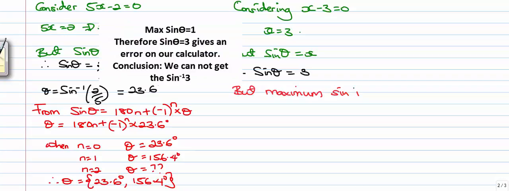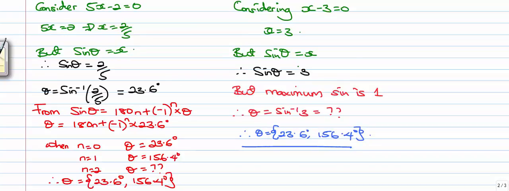Therefore, we cannot find the arc sine of a number greater than 1, and we conclude that we cannot have angles with sine theta being equal to 3. We shall now remain with only the 2 angles we found, 23.6 and 156.4 degrees. Thank you.